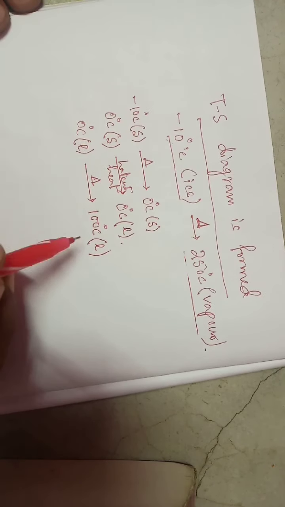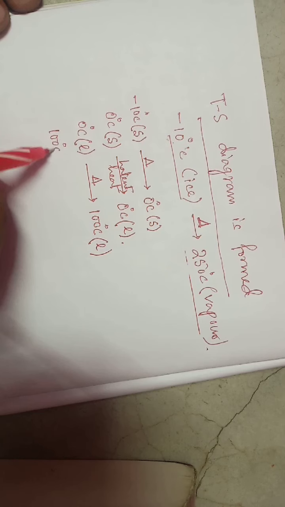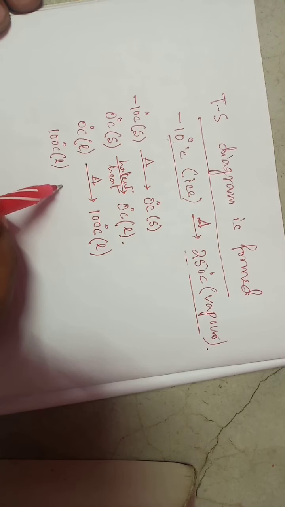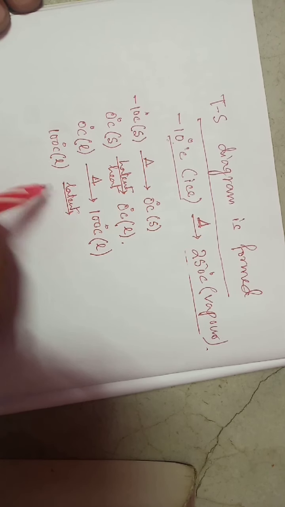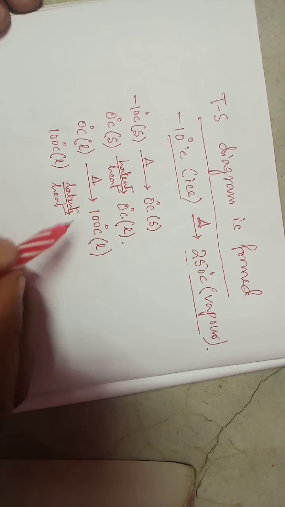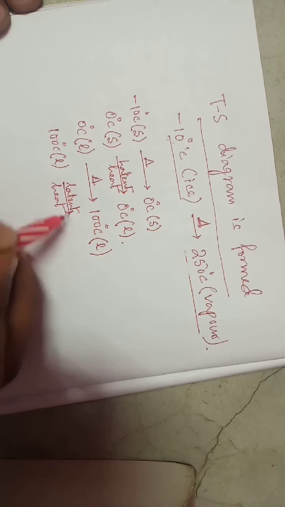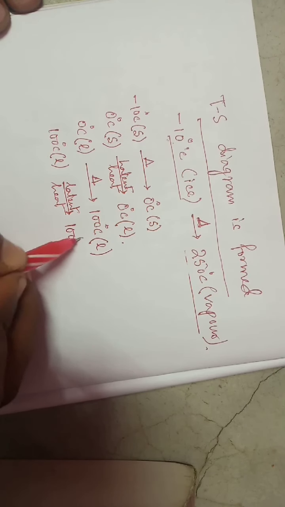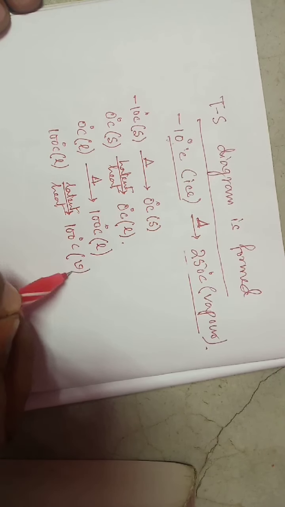Now 100 degrees centigrade of liquid will take latent heat of vaporization and it will ultimately come into 100 degrees centigrade of vapor form.